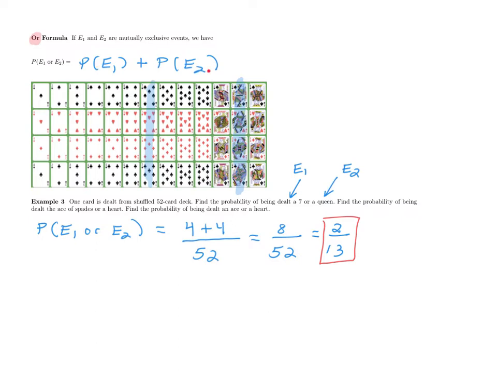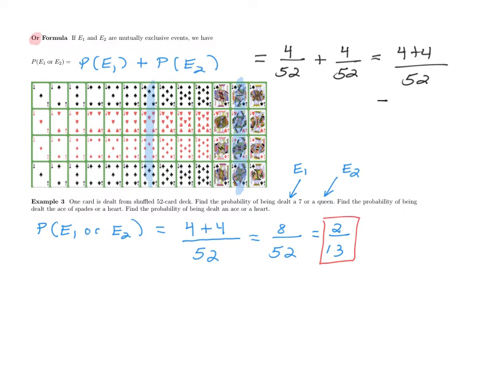Notice that you could go directly to this formula. What that would look like in this case is, well, the probability that event 1 happens is 4 out of 52. And then the probability that event 2 happens, it's also 4 out of 52. And to add fractions, you add the numerators. And notice we're just really doing the same thing down here.